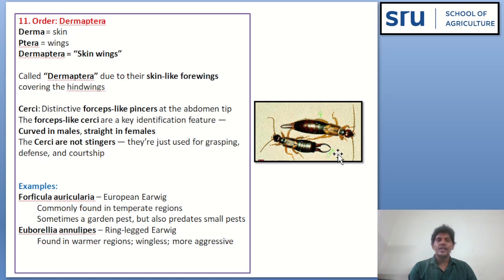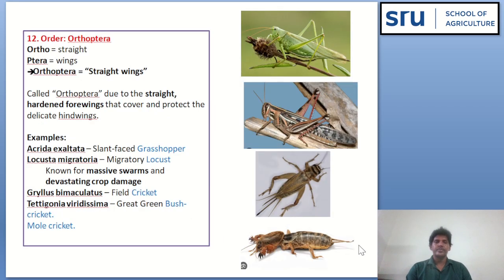We can identify a male earwig by seeing their curved cerci. If they possess straight cerci, then we can say that it is a female earwig. These cerci are not stingers, they are just used for grasping, defense, or courtship. So, the earwig is the example for Dermaptera.